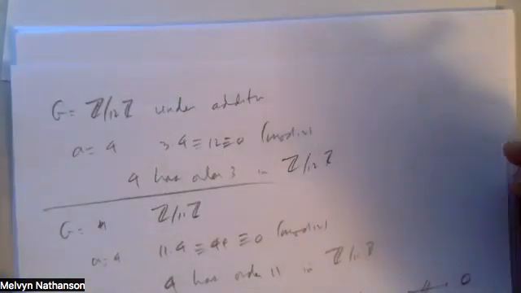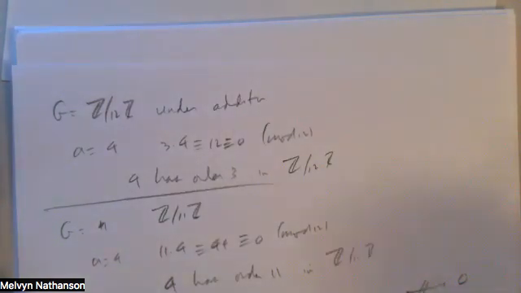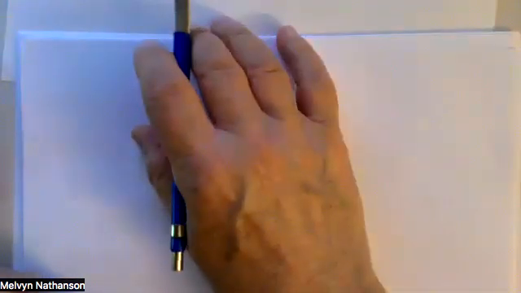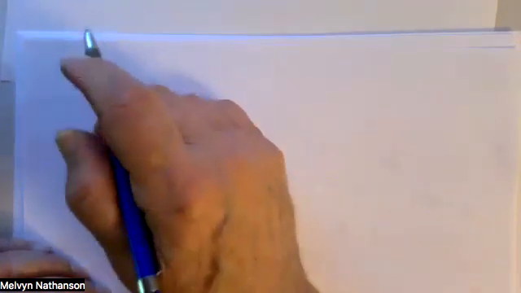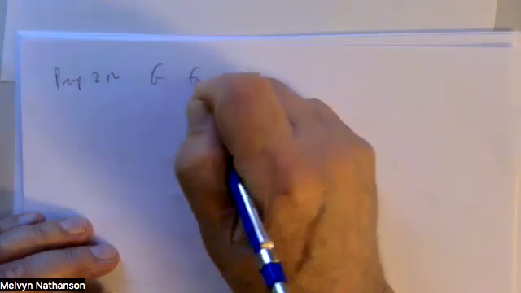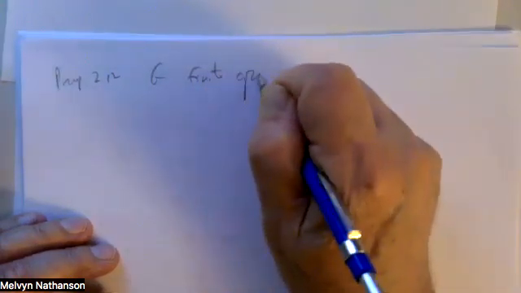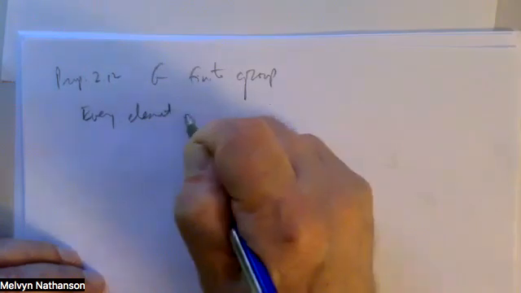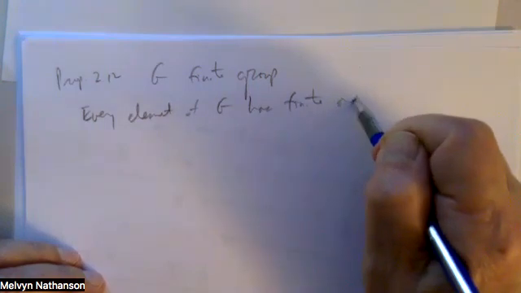Now, a fundamental fact about finite groups is that every element has finite order, and its order divides the order of the group. This in the text in chapter 2 is Proposition 2.12. Let G be a finite group. Every element of G has finite order.